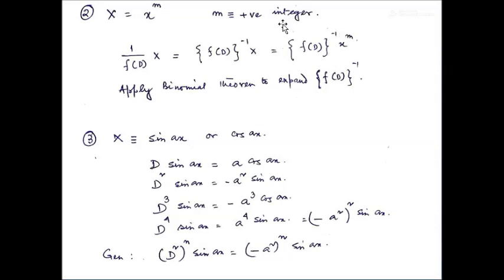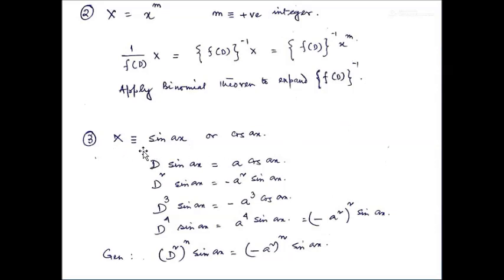Now you can apply the binomial theorem to expand this term f(D), and after expanding this term in binomial theorem, you can reduce this by removing the unwanted terms. Then apply differentiation over this x to the power m, and you can get the desired particular integral.